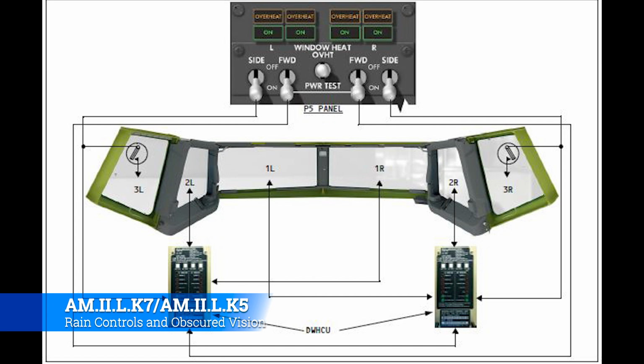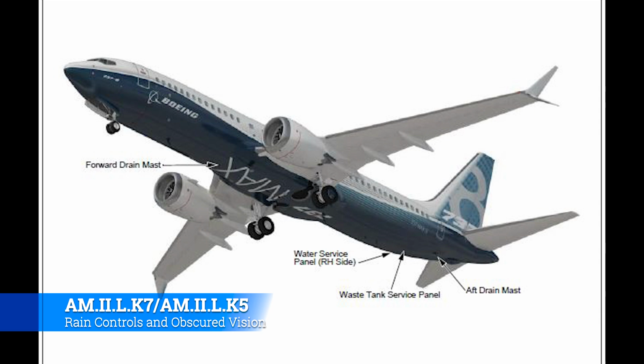What you would do to troubleshoot that is basically disconnect the CAN plug and see if you're getting power, and then start switching the different window heat units on or off, pulling circuit breakers to help isolate which DWHCU is faulty, or what wire run the problem exists in. Pretty simple to troubleshoot.